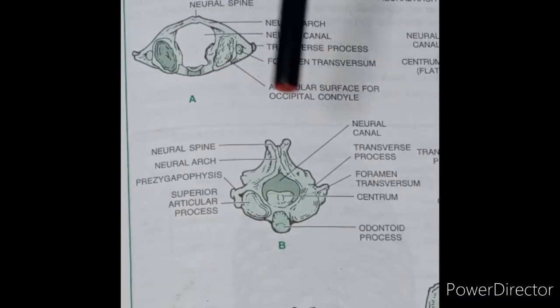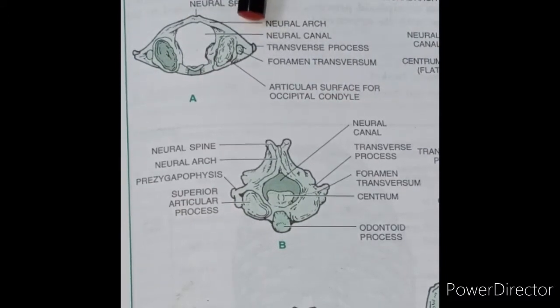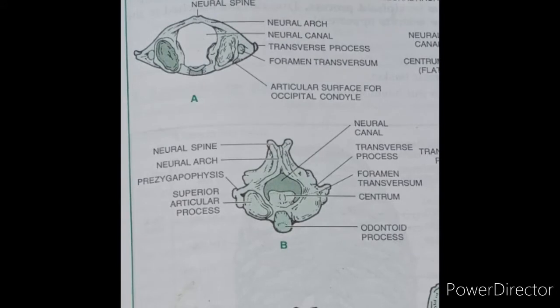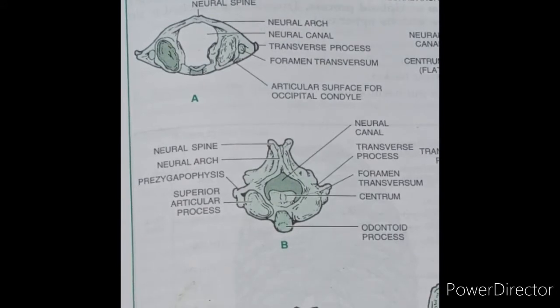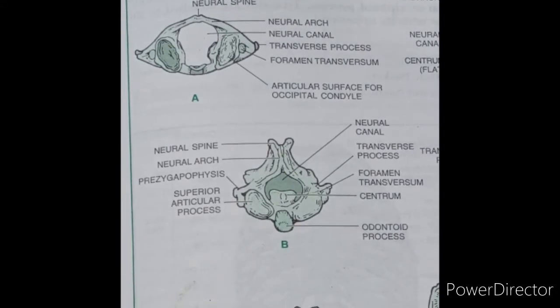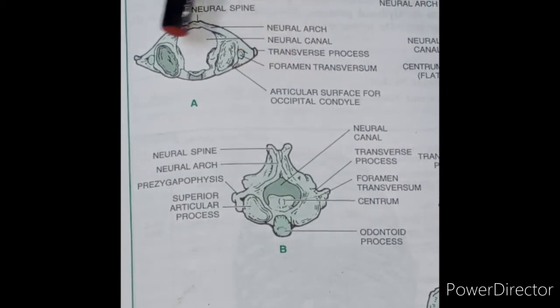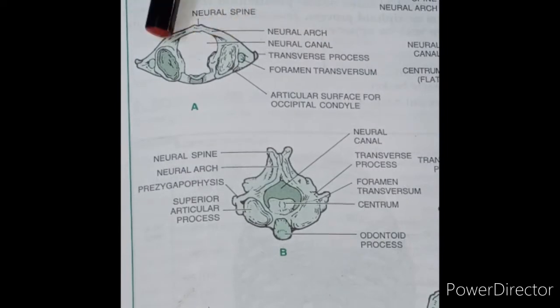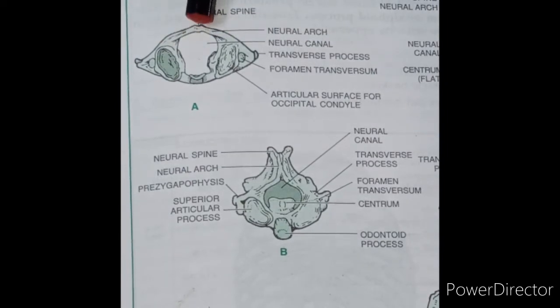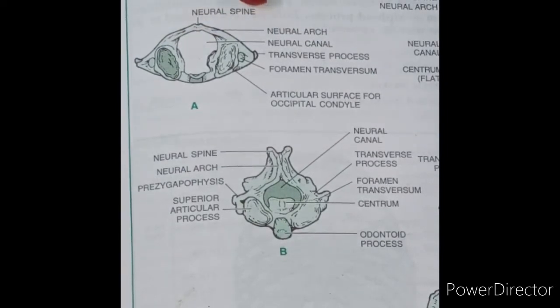So some common structures that we get in these vertebrae are centrum, neural cavity, neural spine, transverse process, etc. So now in this figure you see, this is the transverse process. This is the neural canal that is enclosed by this neural arch, and this is the neural spine.